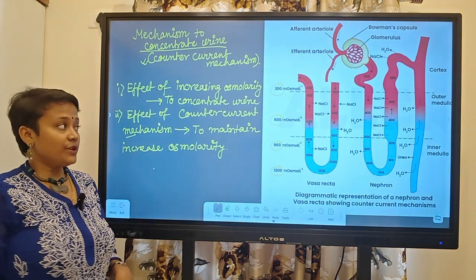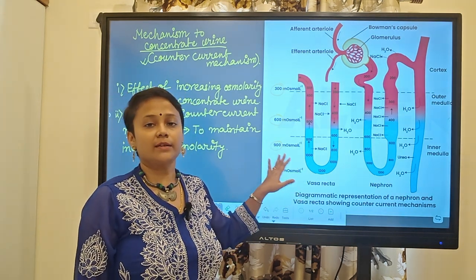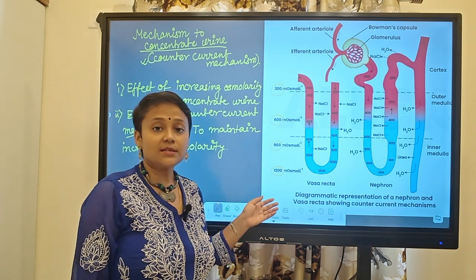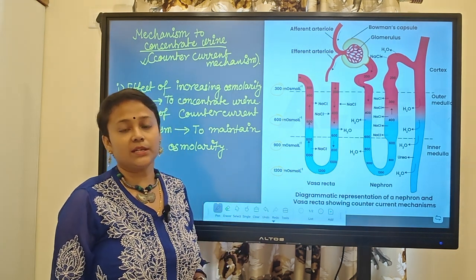So if we need to increase the osmolarity, we need the counter current mechanism. And if we need more and more concentrated urine, then there will be need of a concentration gradient.